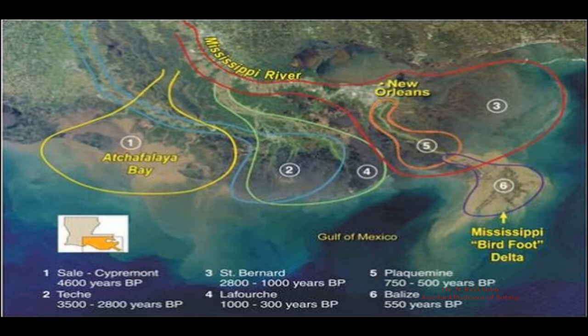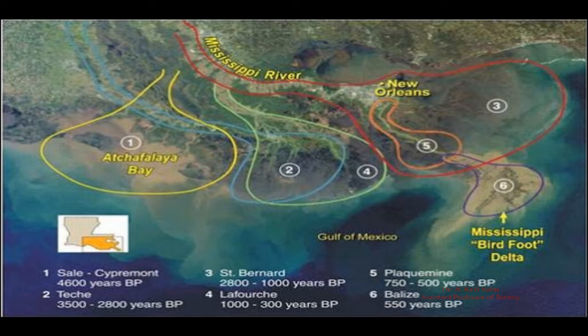And this bird's foot delta, with several main branches like the foot of a bird, extends into the Gulf of Mexico. The Nile, the Ganges, the Mekong have the fan-shaped arcuate deltas. You can observe the difference, friends.